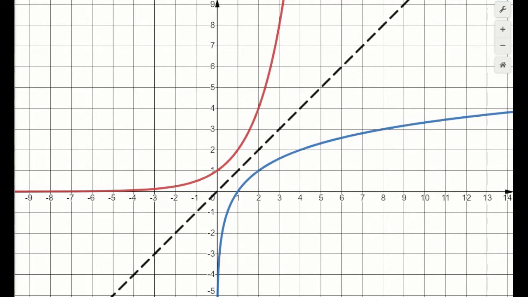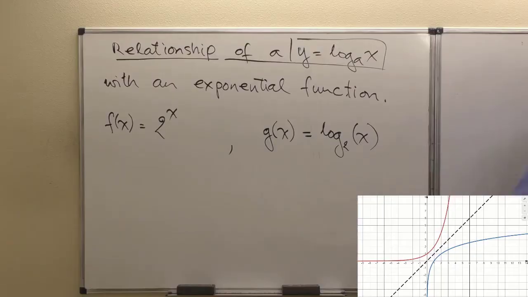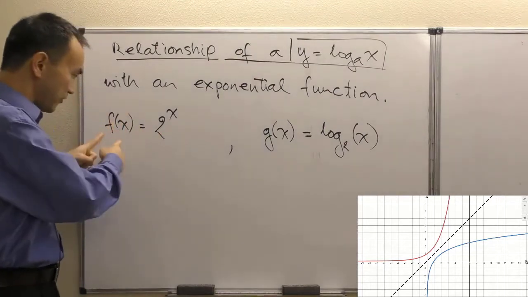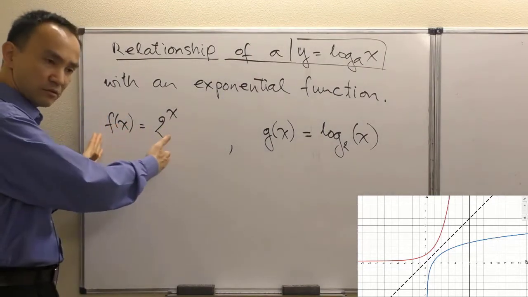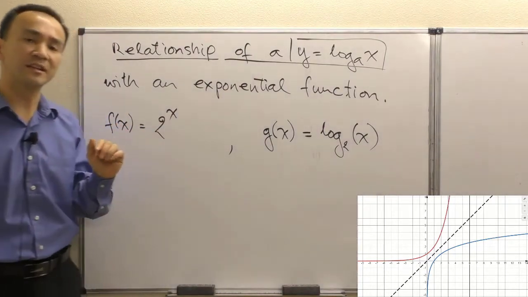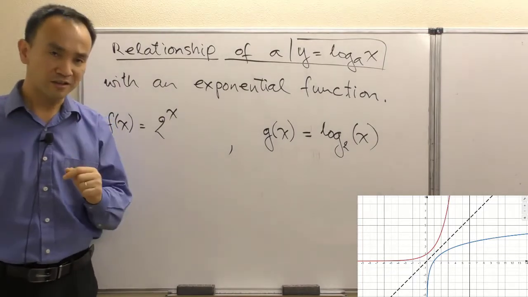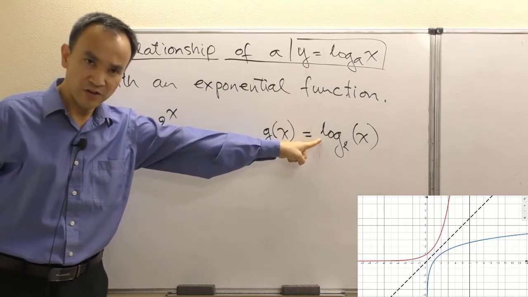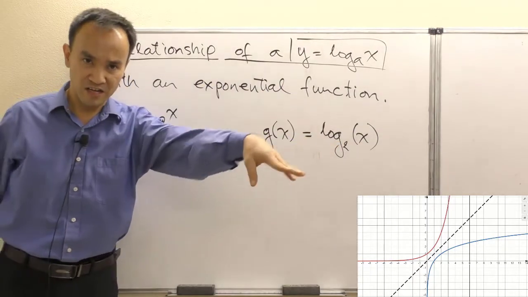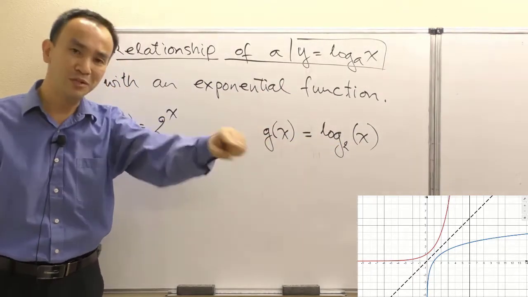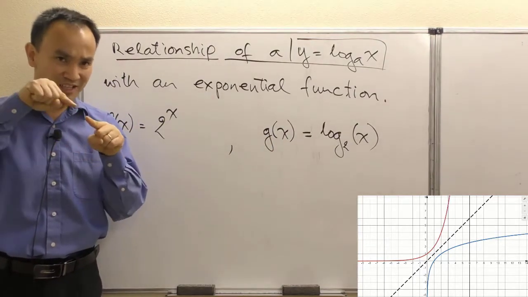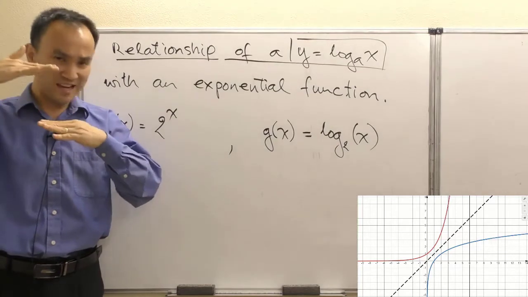Now back on my board, the graph for the function f of x being 2 to the x is the graph in red, as you are seeing on the graphing utility right there. G of x is this function log base 2 of x, and just now I announced that it's that graph in blue.